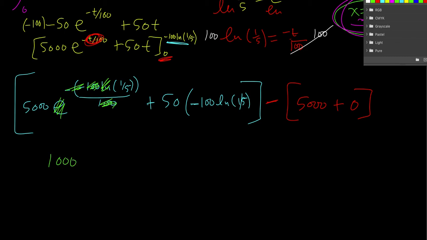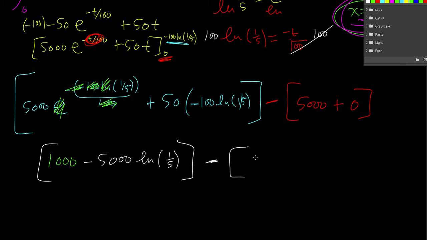Okay. This one right here, we get negative 5,000 natural log of 1/5. Now, if we do the 1,000 minus the 5,000, we end up with negative 4,000 minus 5,000 natural log of 1/5.